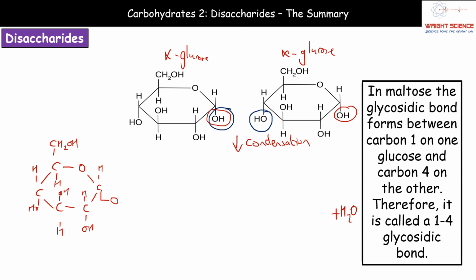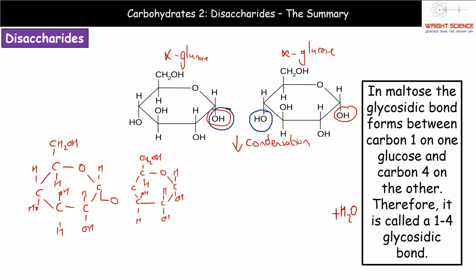Then on the other side, we quickly draw the little ring structure again just so we've got it in place. And then we've got hydrogen, hydroxyl, hydrogen, hydroxyl, CH2OH, hydrogen there. Didn't give myself enough space.